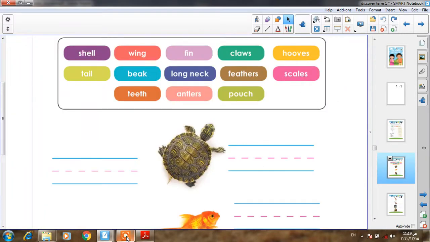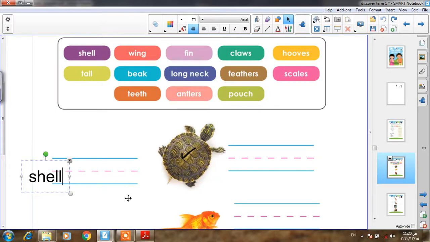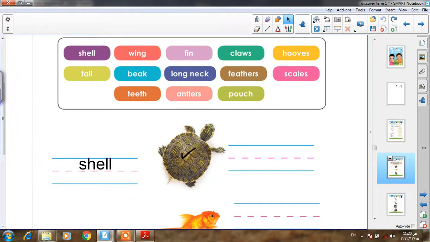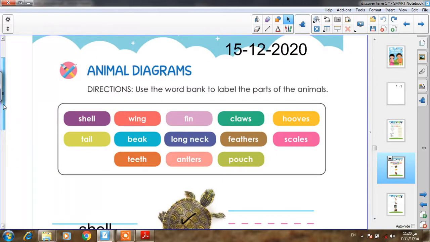Okay, let's continue. What is this? Turtle. Do you remember what the turtle has? Can you remember what this is called? Shell. Excellent. Write this animal body part. The first of them is shell. Excellent.